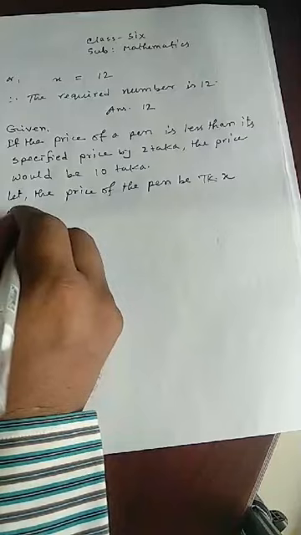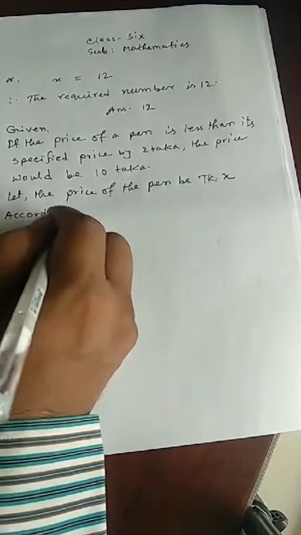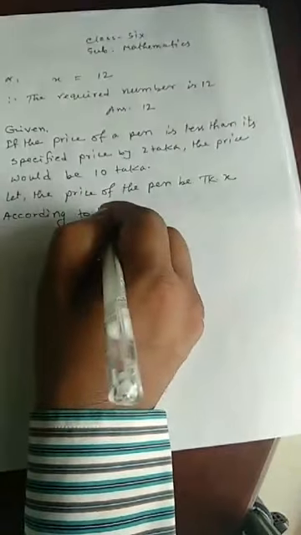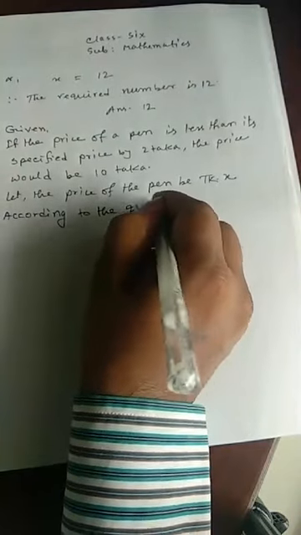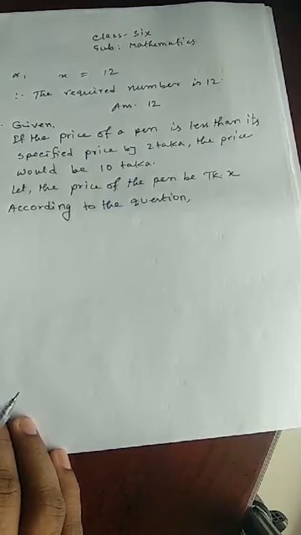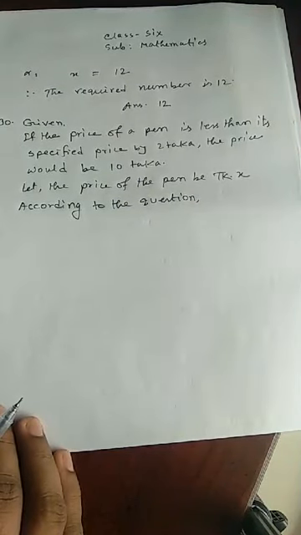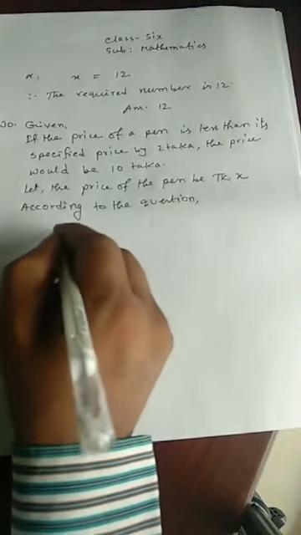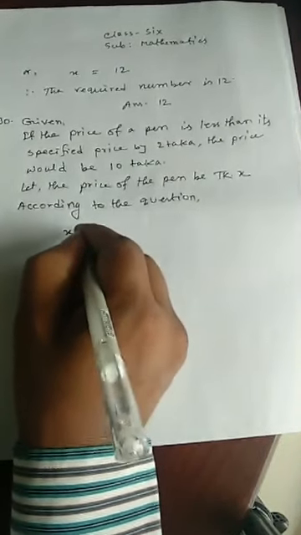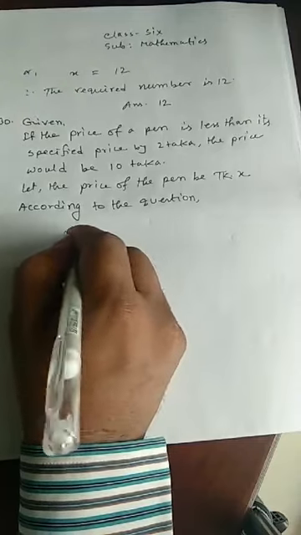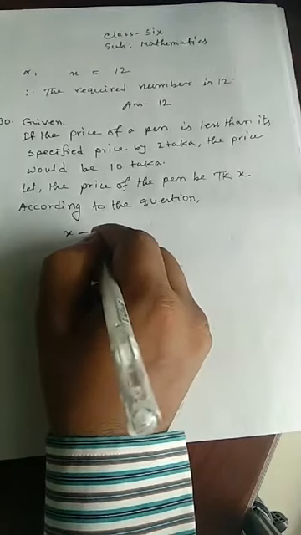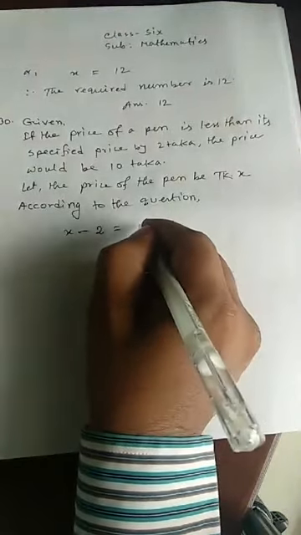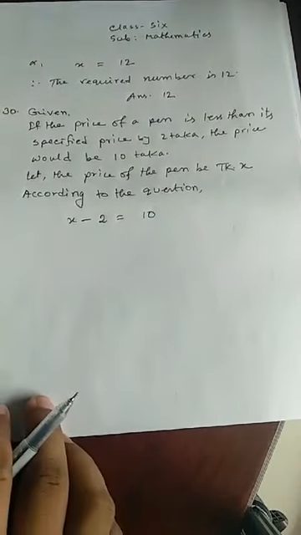According to the question, x minus 2, since it is less, so you have to subtract. x minus 2 will be 10. Am I right?